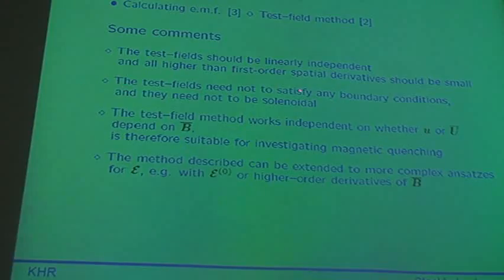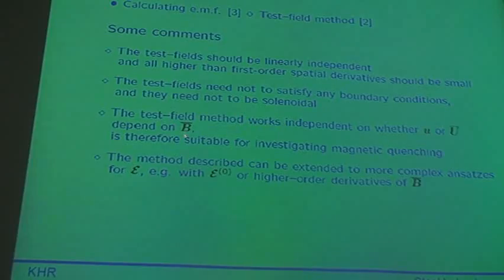The test fields need not satisfy boundary conditions, and they need not be solenoidal. You solve always this equation for b, or then for bn, and you know that the coefficients do not depend on this test field. So there is no need to satisfy boundary conditions or take solenoidal fields. It is very, very convenient.